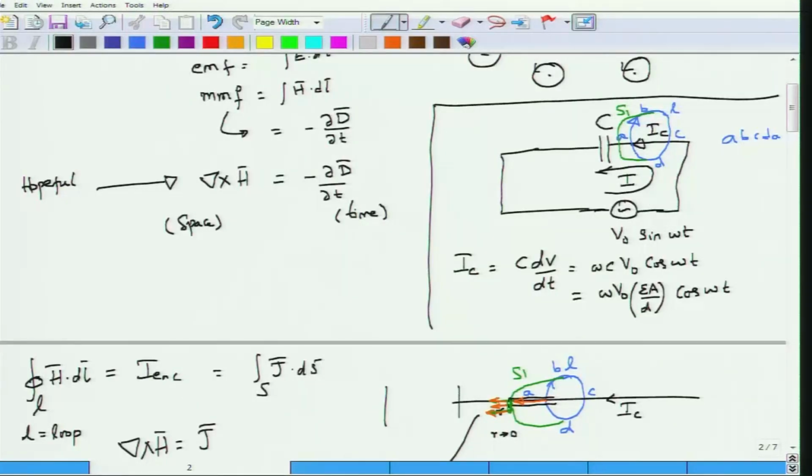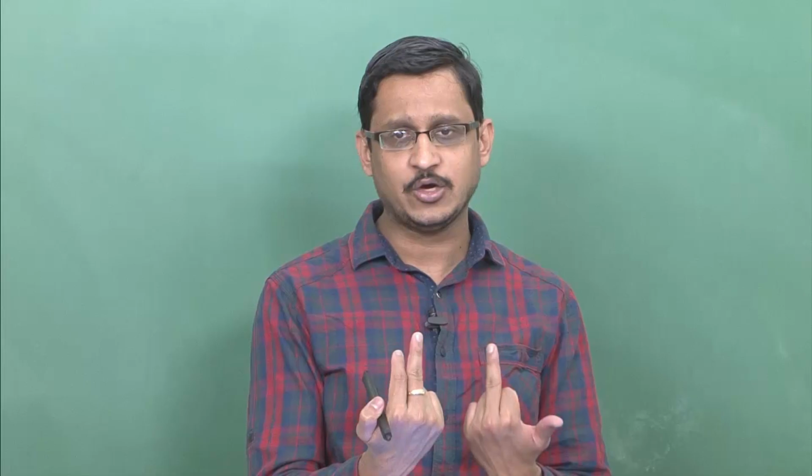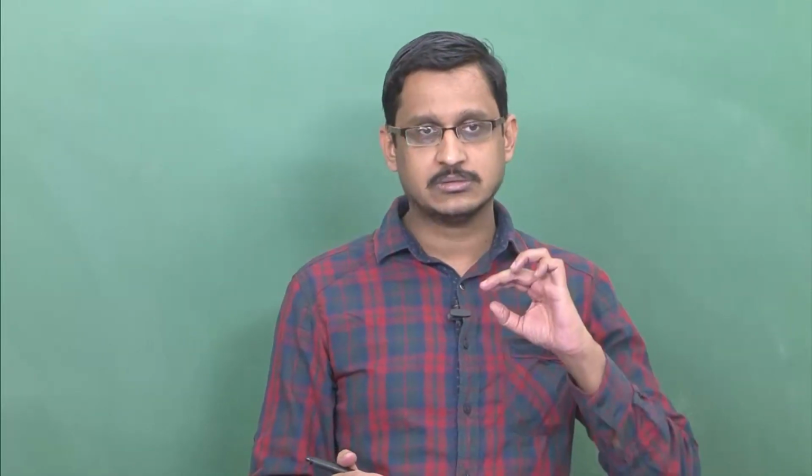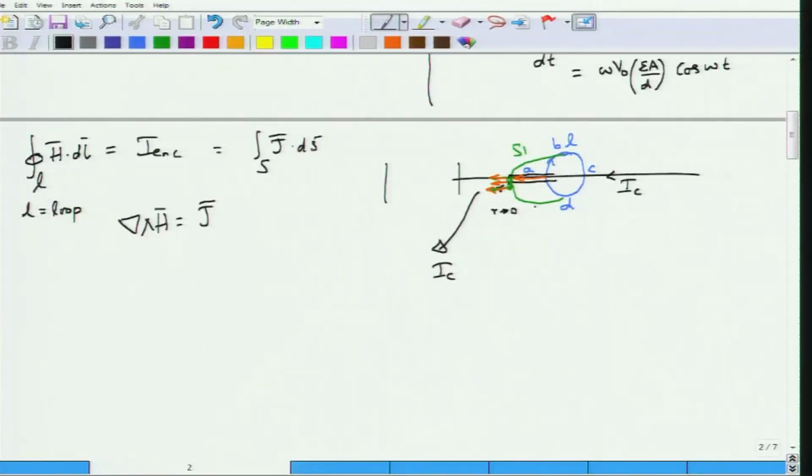The moment you turn on the DC voltage, the capacitor charges and becomes an open circuit, then the current through any element is 0 because the potential is exactly equal, so there is no possibility of a current. So for the DC case we anyway get 0 current, and that is what Ampere's law predicts as well.